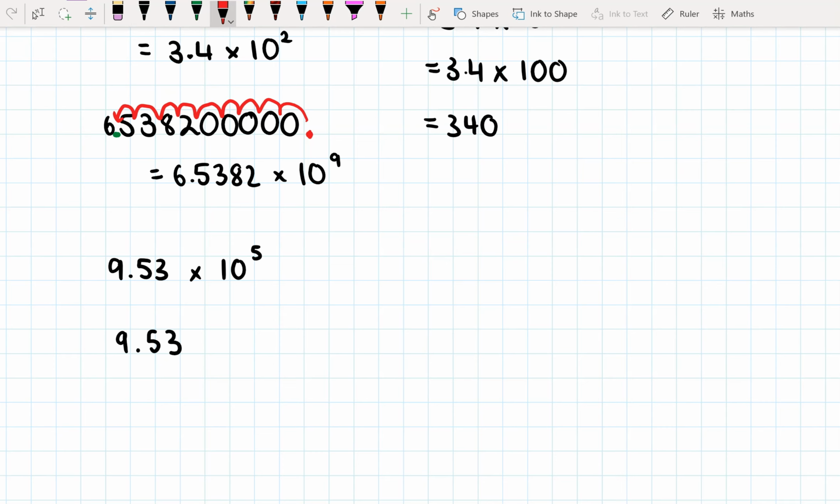Now we know it's times 10 to the power of 5, so we're just doing the opposite of what we did when we wrote the numbers in scientific notation. There we counted how many jumps it made. What we're doing now is we're actually going to make the jumps. So our decimal point has to move by 5 places. That's that 5 that's here above the 10. So we're going to make that jump. 1, 2, 3, 4, 5. And this is now where our decimal point is going to go.